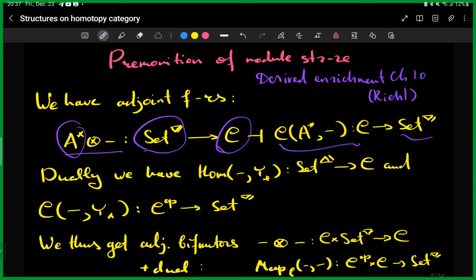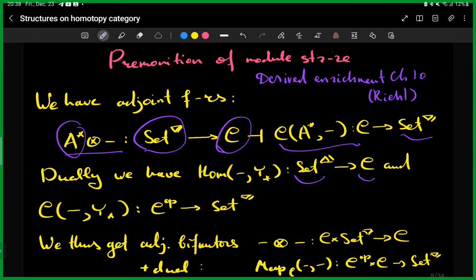And dually, we have a functor from the opposite category of simplicial sets, so from co-simplicial sets to our model category, which plugs in a simplicial set into this form, since our category of simplicial objects is co-tensored over simplicial sets.